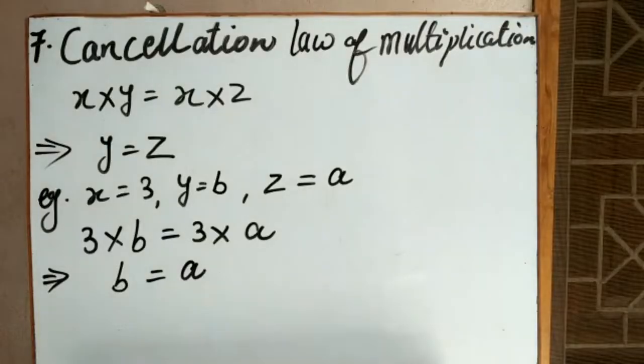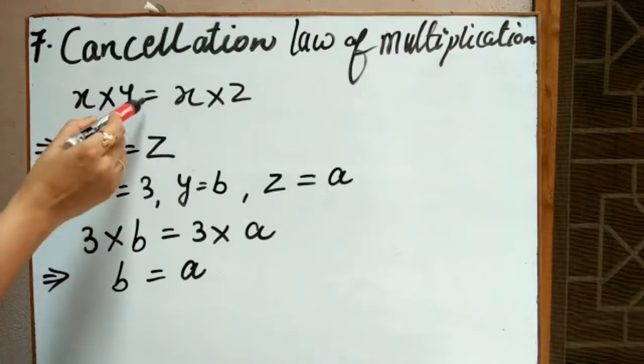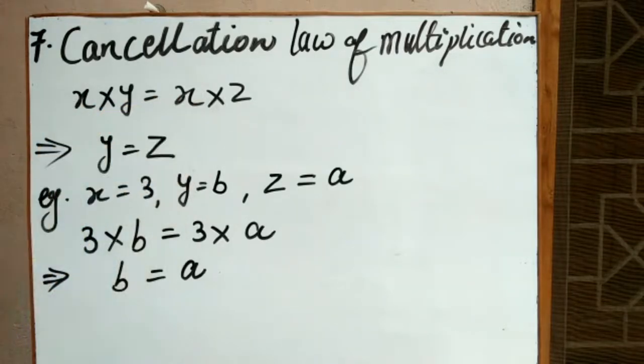The next property is cancellation law of multiplication. If x, y and z are three non-zero whole numbers, then x into y is equal to x into z.